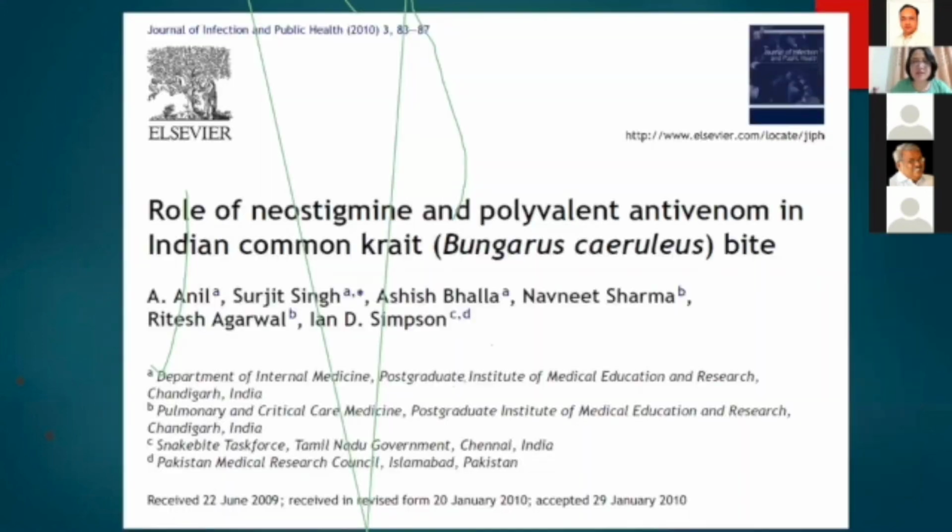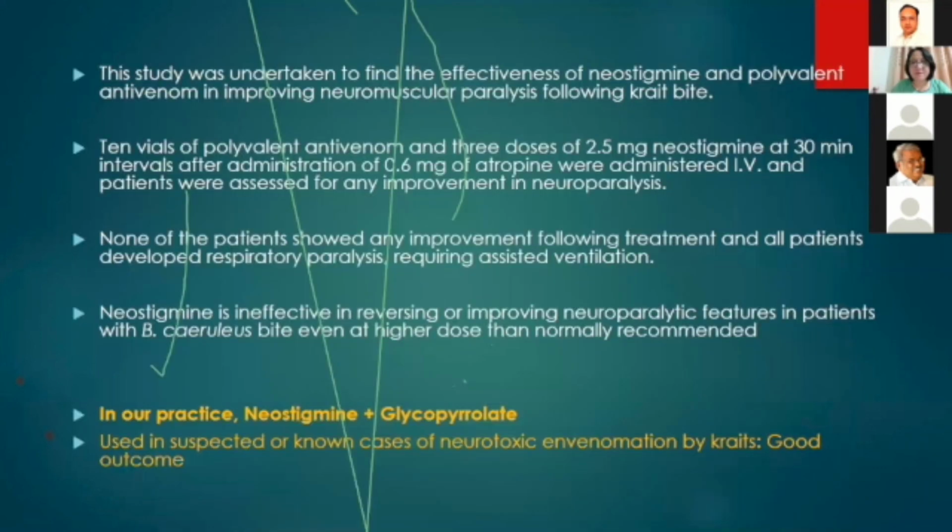But there is a study I would like to mention that was published a few years back regarding the role of neostigmine and polyvalent antivenom in the Indian common Krait, Bungarus caeruleus, bite. So this was undertaken to find the effectiveness of neostigmine. The patients were managed with polyvalent antivenom and also 3 doses of neostigmine and atropine.